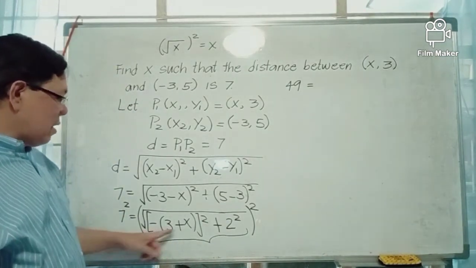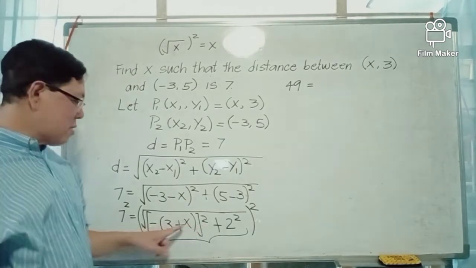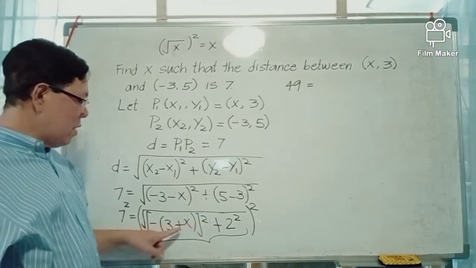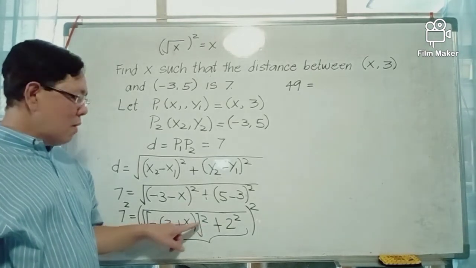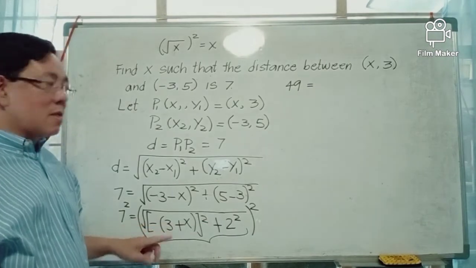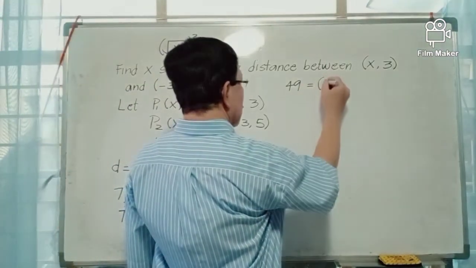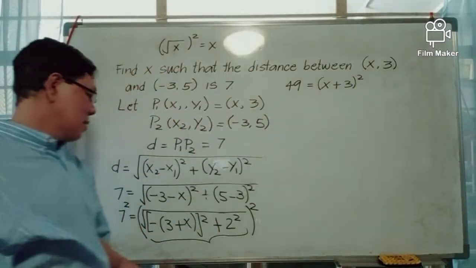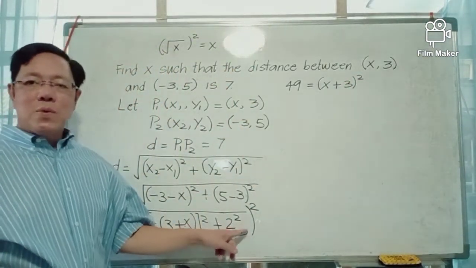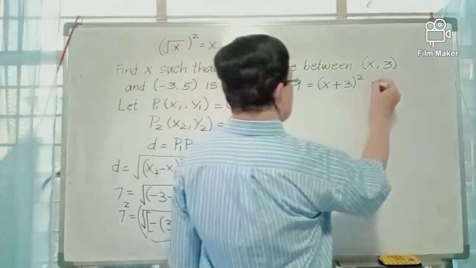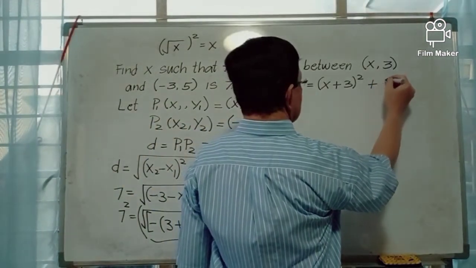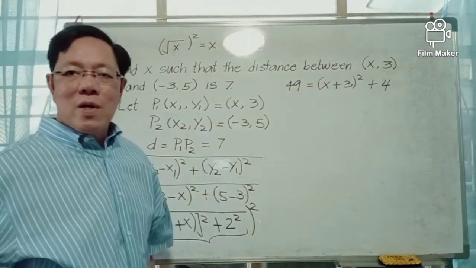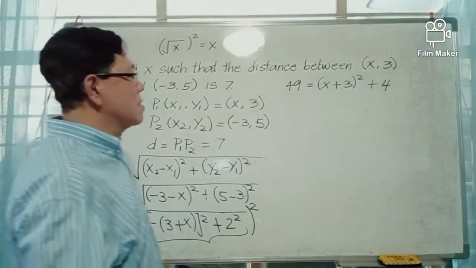And we simplify that by property of exponent, the square of negative is positive, multiplied by the square of x plus 3, plus the square of 2, which is 4. From this equation, we solve for the value of x.